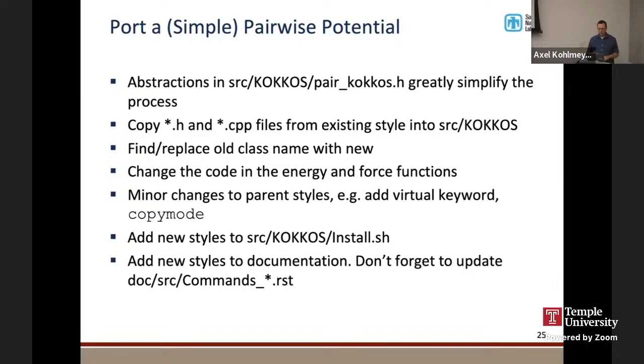So there's documentation for the pair style, but there's also lists of commands. So you also need to update, like, commands_pair.rst. And so, if you do all of these things, then you should be ready to submit a pull request on GitHub.